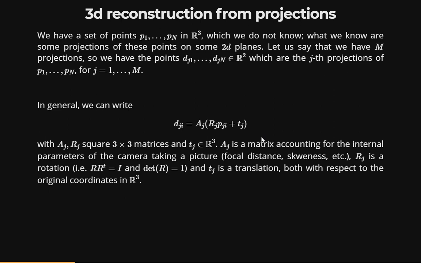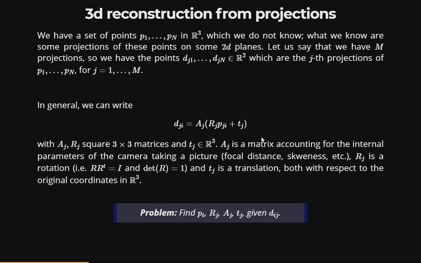R_j is a rotation, because the planes can be in different angles, and T_j are the translations which account for the center of the projection. So your problem is to find, given d_ji, you want to find p_i, R_j, A_j, T_j. It's a lot of stuff.